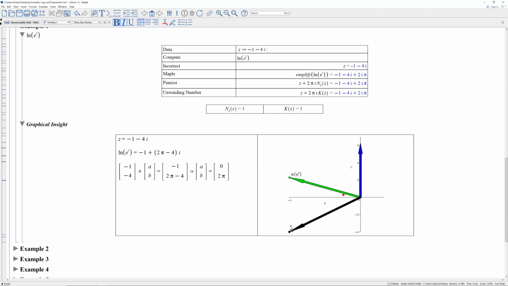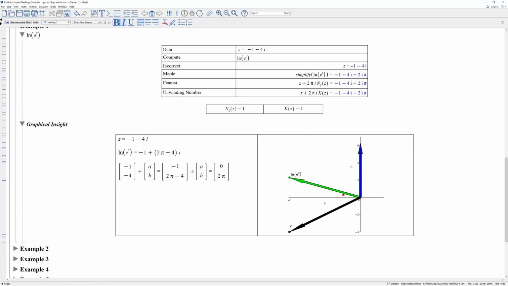So this arrow represents the vector to z. This is e to the z. It turned out I didn't really need that. This is log of e to the z. So this is the right answer. That's why I did it in green. This is 2 pi i. The sum of the blue and the black gives you the green.